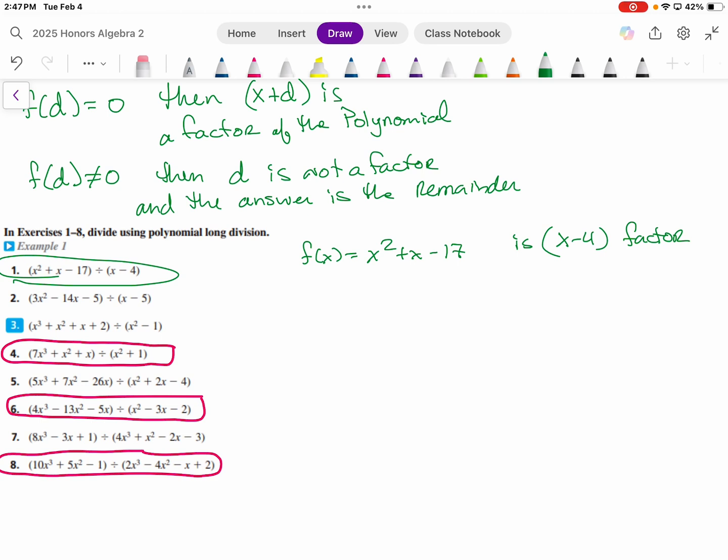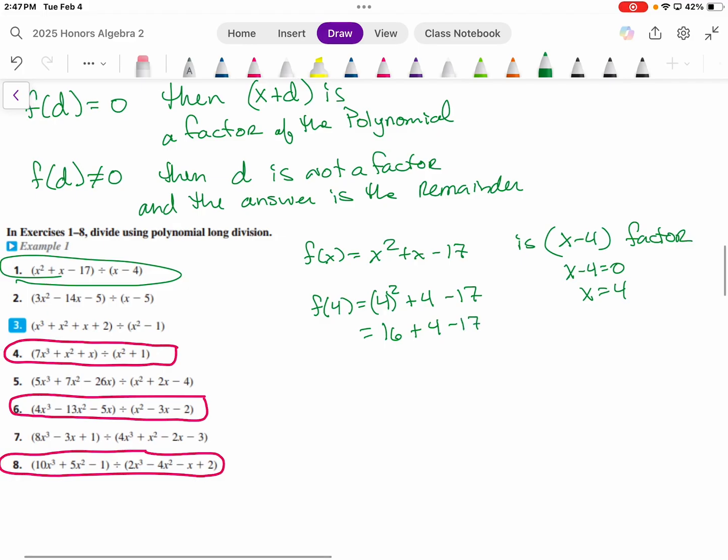By the factor remainder theorem, if I set x minus 4 equal to 0 and say x is equal to 4, and then now I take my equation and put 4 into it and simplify. If the answer is 0, I know it's a factor. If the answer is not 0, then that's my remainder.